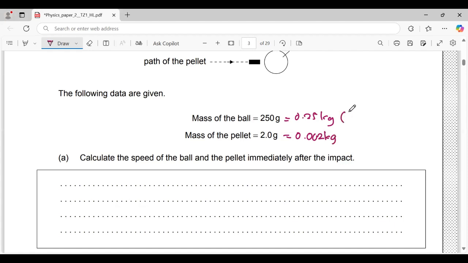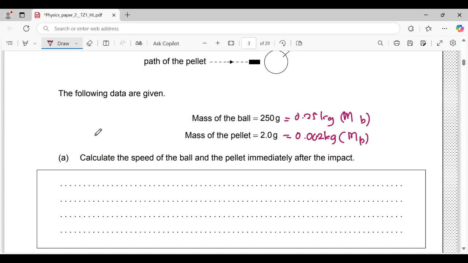I will call it MB, and this one MP. Okay.